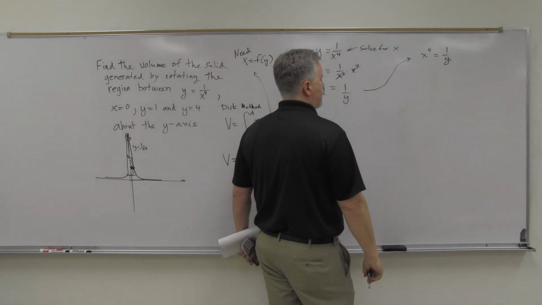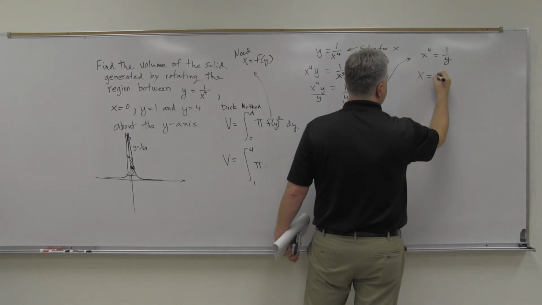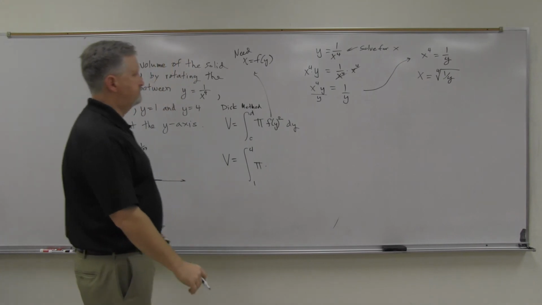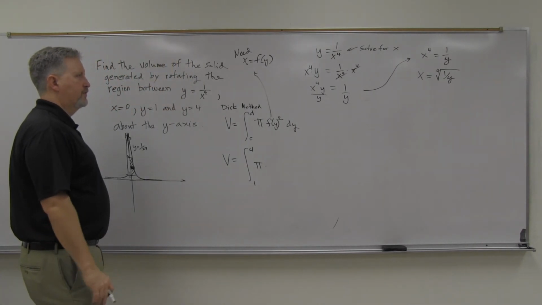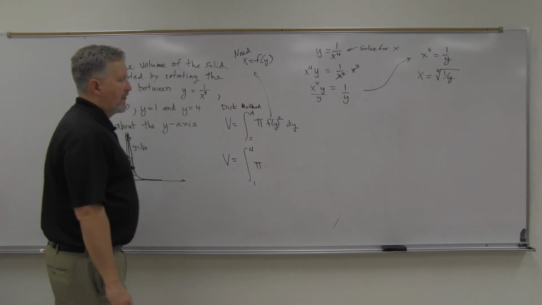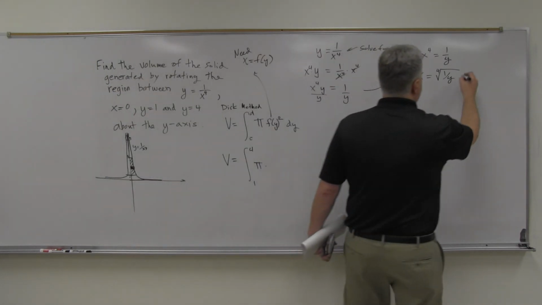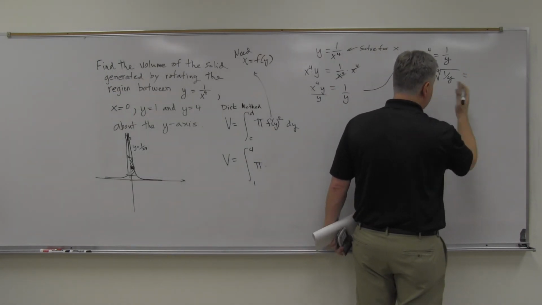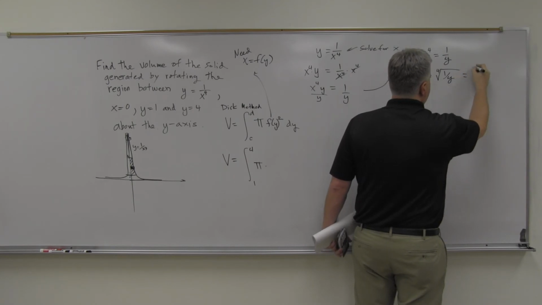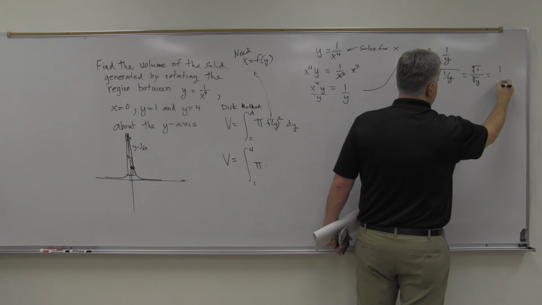And then x, so 4th root of all that. 4th root of 1 over y. Let's go ahead and write that. Which means, think of it a couple of ways. 4th root of 1 over 4th root of y. 4th root of 1 is still 1.